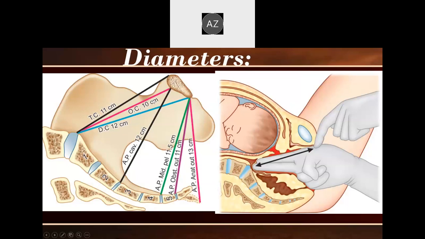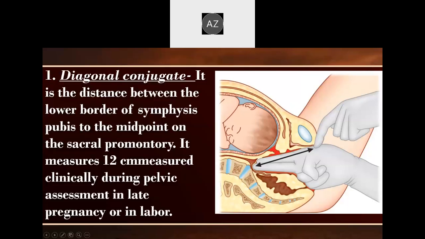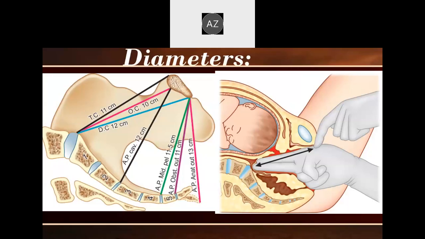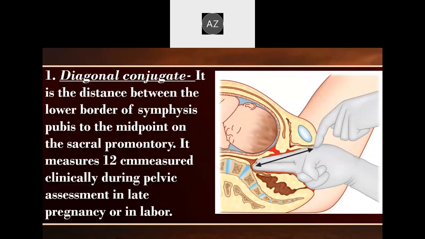So we have the anteroposterior diameters, and then we have the transverse diameters. On the anteroposterior diameters, we have what we call the diagonal conjugate. This is the one that you feel during vaginal examination. It's 12 centimeters.